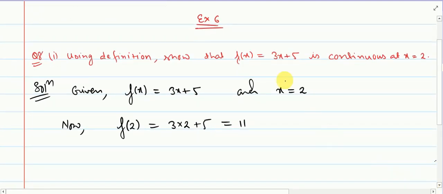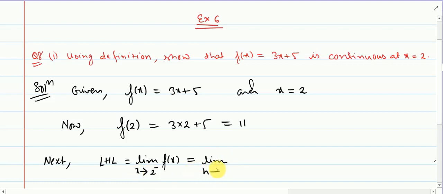Now we will find left hand limit and right hand limit when x approaches to 2. Okay. Next, left hand limit, x tends to 2 minus, here we put, and then f of x, then limit, this x will change to h.